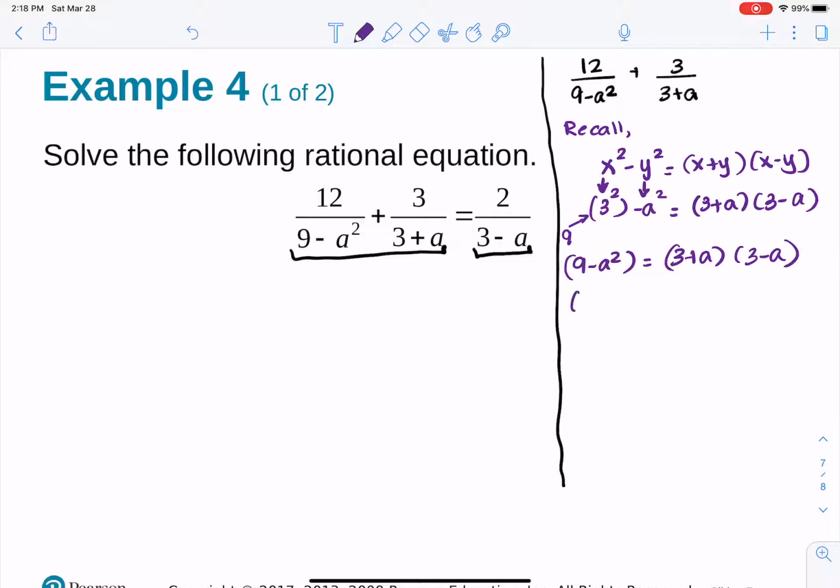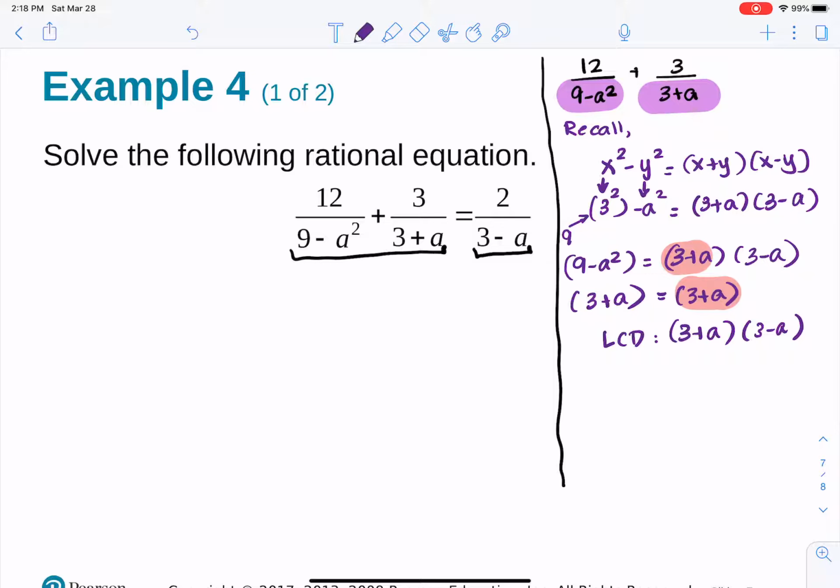The second denominator is simply 3 plus a. The first denominator, second denominator. Let's find the LCD. 3 plus a isn't common, so I write 3 plus a, and 3 minus a is isolated, left on its own devices, so I write it as 3 minus a.